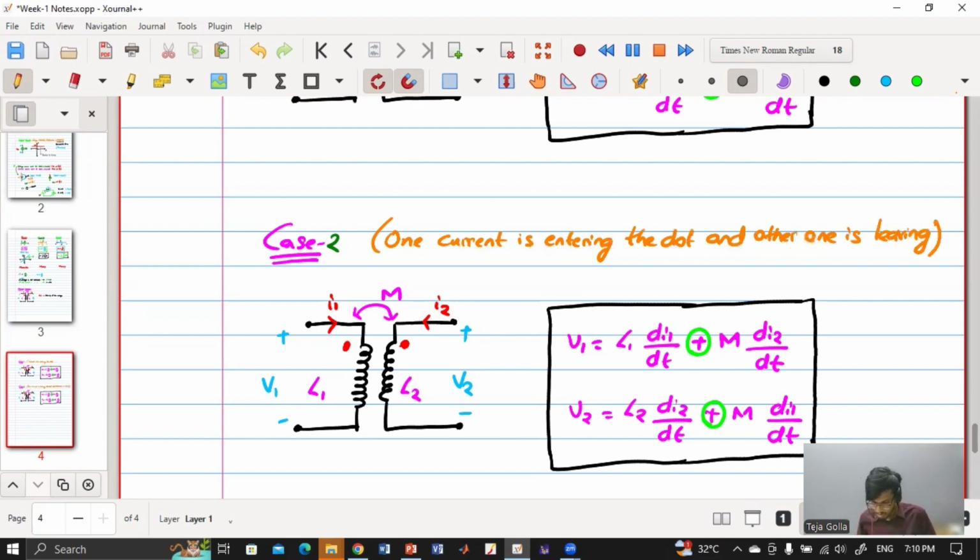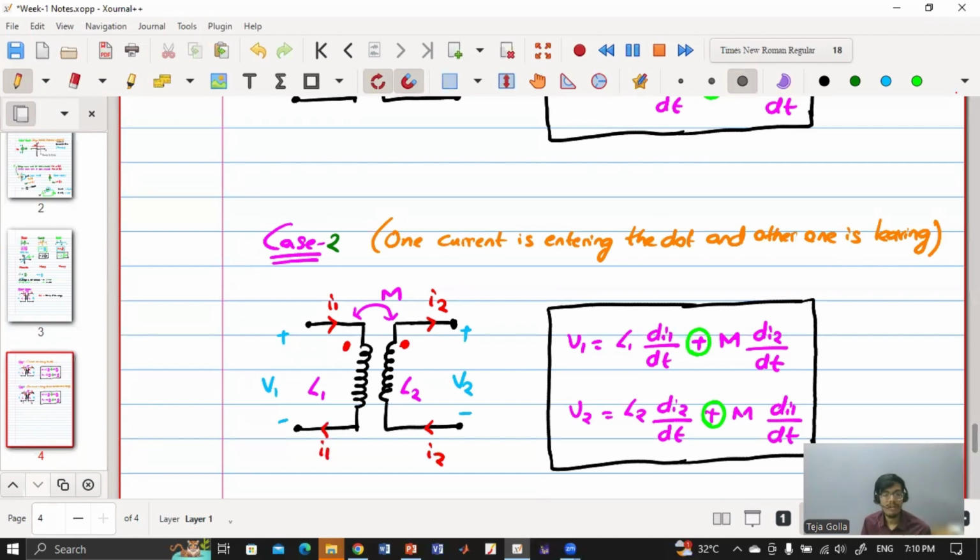Okay. So let us change the direction. So I2 is leaving the dot, right? Okay. So I2 direction is this. Got it? So same I2 will be coming here and same I1 will be going here.